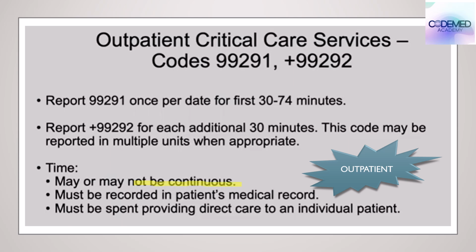So let us assume the patient came into the emergency department and his condition was very critical. The doctor gave him critical care for 1 hour, and then the patient stabilized and the doctor went out to take a half hour coffee break, and he came back again, and then again he started giving the critical care. And that critical care he gave for 2 hours.